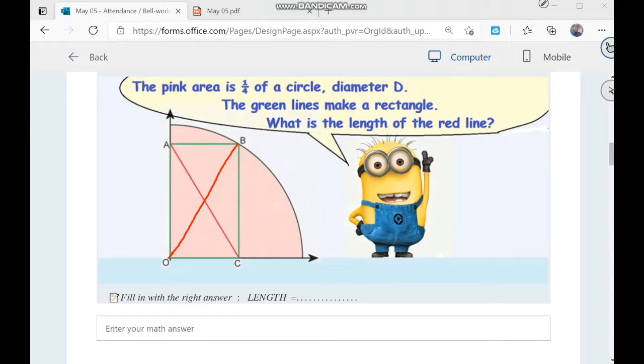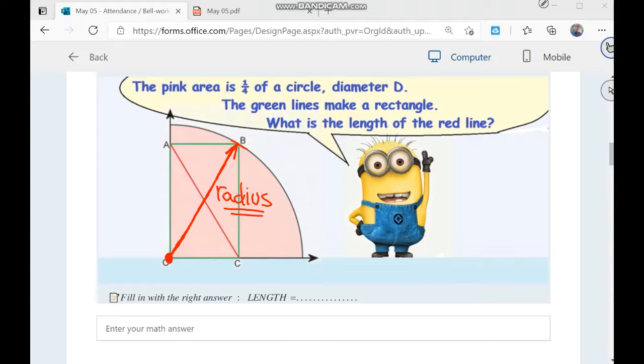But what is this line here that starts on the center? This is the center of the circle and ends on the edge of the circle. What is the name of this line that starts on the center of a circle and ends on the edge of a circle? This is the radius, right?